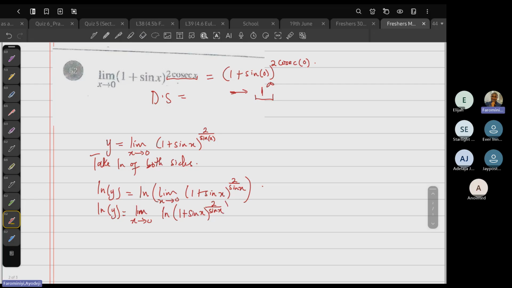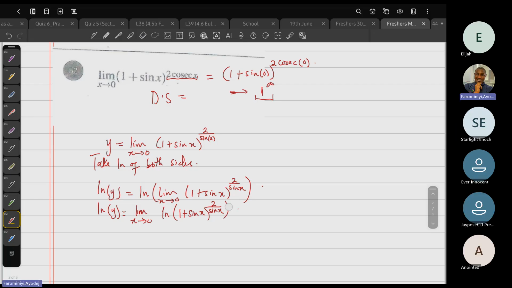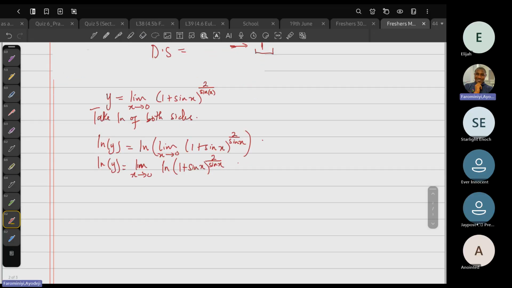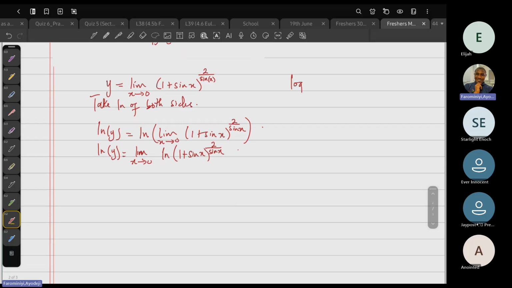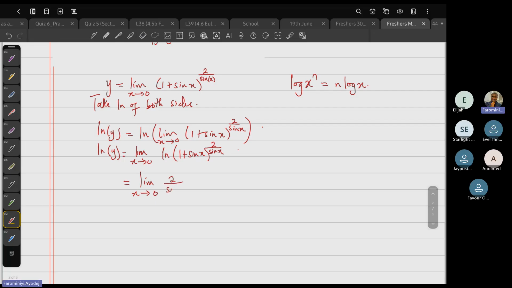The reason why we applied logarithm in the first place is for us to solve the problem of that power. Using the property of logarithm, log x to the power of n is equal to n log x, we can bring down the 2 over sine x. So this is equal to the limit as x goes to 0 of 2 over sine x, then 1 plus sine x.